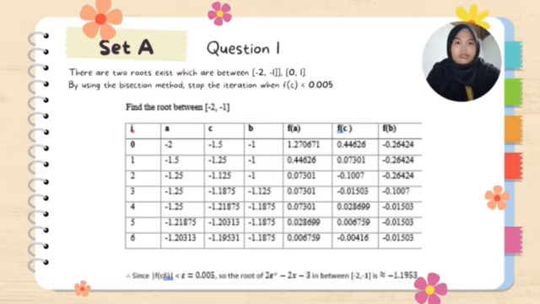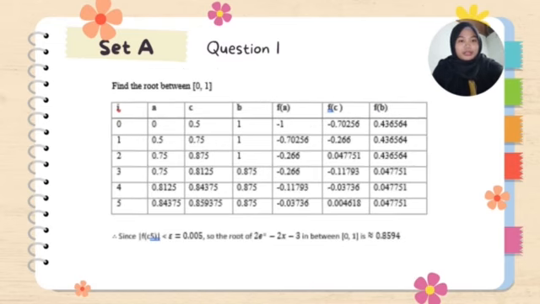So the root of 2^x - 2x - 3 between -2 and -1 is approximately -1.1953. Next, find the root between 0 and 1.